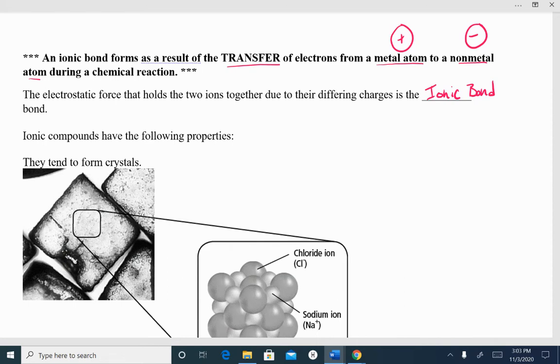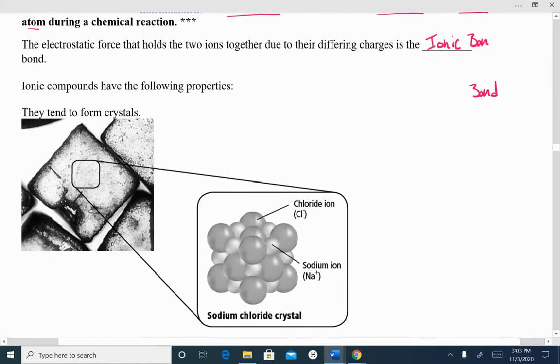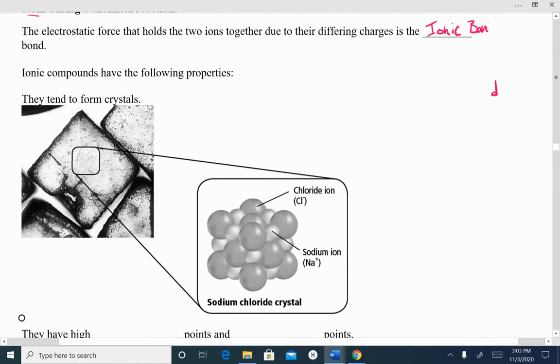Okay? Ionic compounds have the following properties. They tend to form crystals. So we will get crystalline shapes. This is an electron micrograph of sodium chloride, otherwise known as table salt. If you have ever looked at the salt that you pour out of the salt shaker, have you noticed that the salt comes in tiny little cubes?